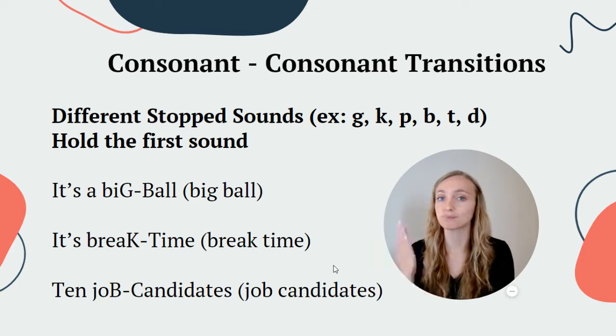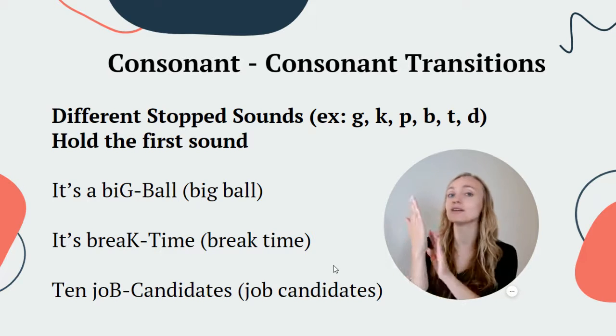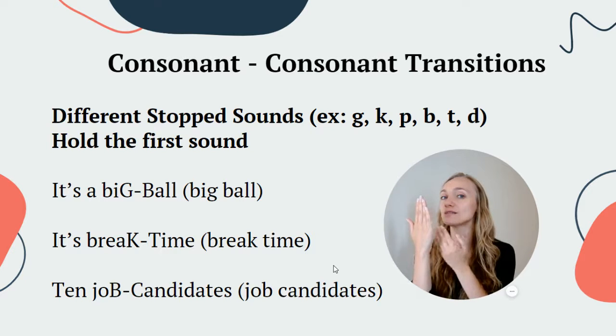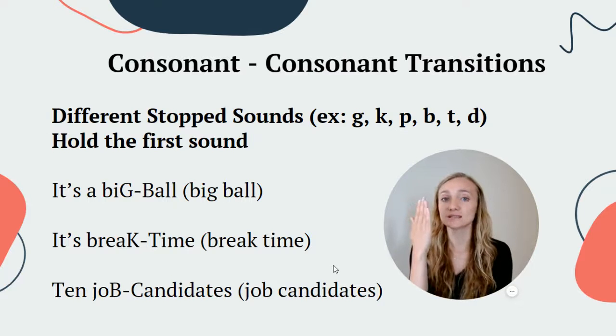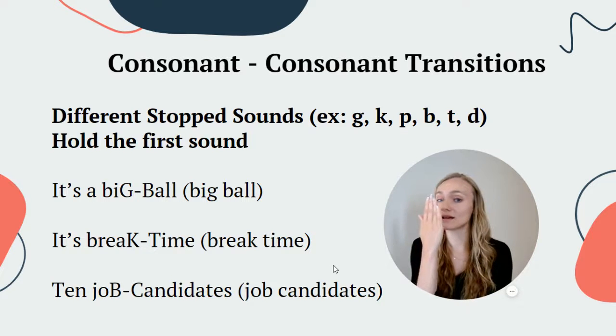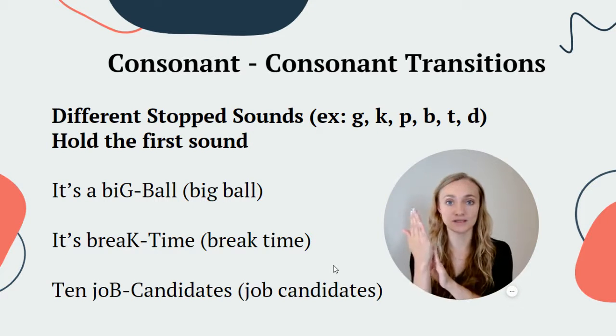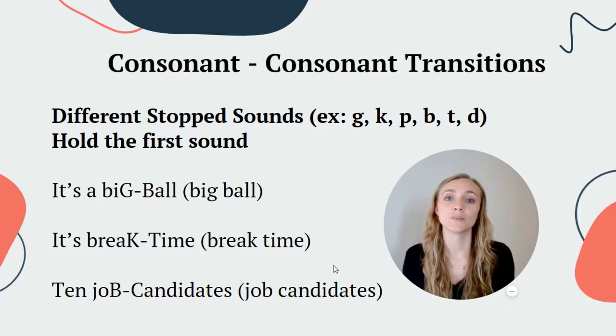You can put your hand just in front of your face when you make these and try to feel on your palm a little bit of air hitting your palm when you say them, if you want to try. So these sounds would be g, k, p, b, t, d. Okay, it's very soft, the air that you'll feel come out for some of them, so you might have to put your hand even closer.